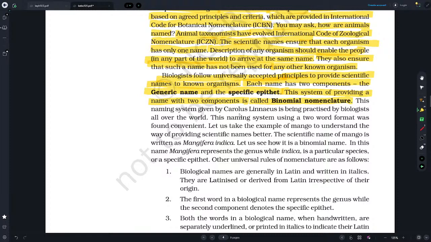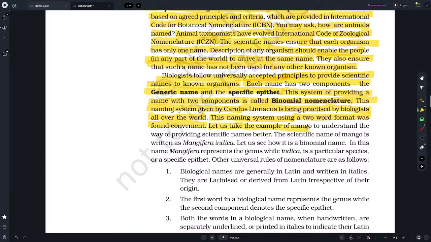Nomenclature is the naming of organisms, whereas binomial means two terms. This naming system, given by Carolus Linnaeus, is being practiced by biologists all over the world even now. This naming system using a two-word format was found very convenient.